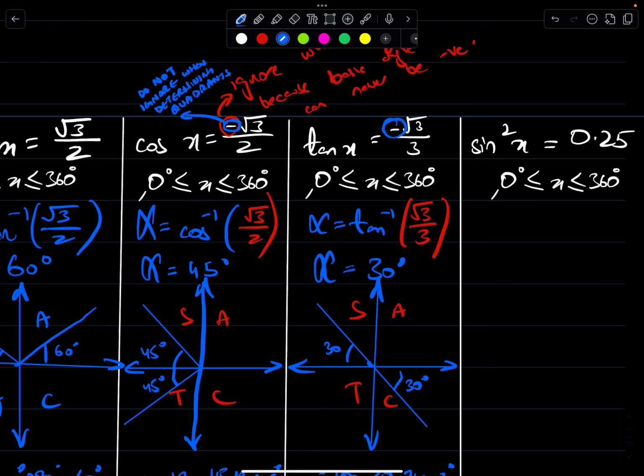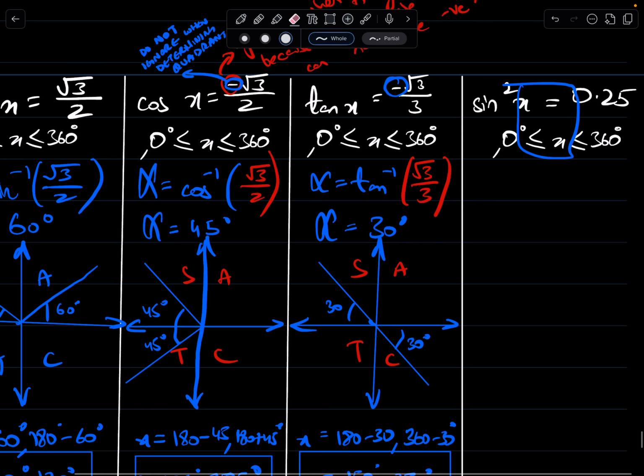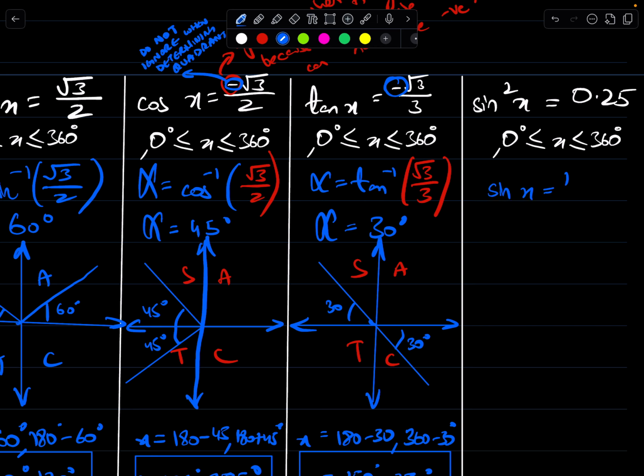And finally, we have sine squared x equals 0.25. The angles are consistent. We do not need to alter the range. Thus, we start by simplifying this first. We will root both sides. Thus, we have sine x is equal to plus minus 0.5.